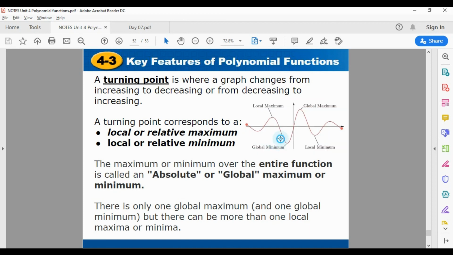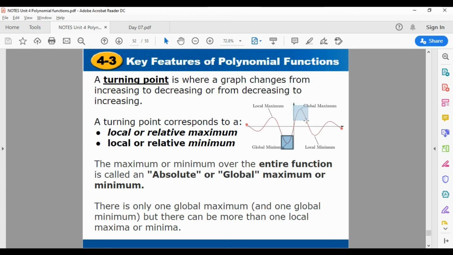Here, in this region only, could be considered a relative minimum because it's a turning point, but when you compare it to the entire graph, you see that it is actually the single lowest point, so it's not the relative minimum, but the global or absolute minimum.